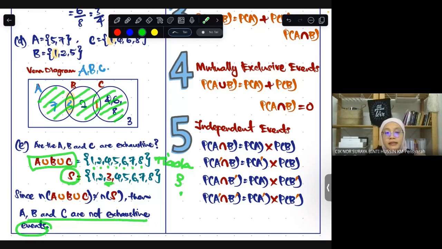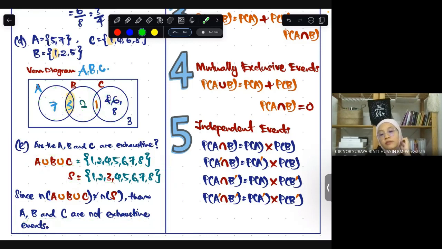Exhaustive event means that the union of all events must equal the total sample space. That is the meaning of exhaustive: the total sample space must be the same as the A union B union C event.